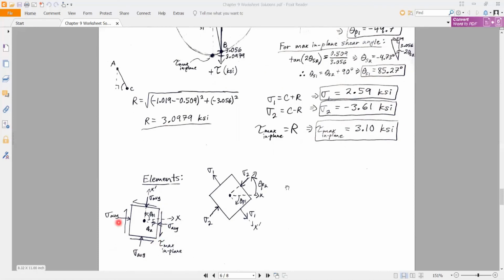All right, so these elements basically always look the same, just your normal stresses are either going to be compressive or tensile, and of course the angles that we're rotating to get to our different maximum stresses are going to vary, but you can always label them appropriately. So I also labeled theta P1 here, as well as this theta P2. You can label theta S1 and theta S2.